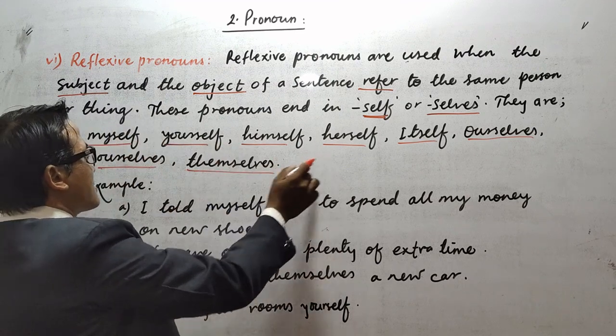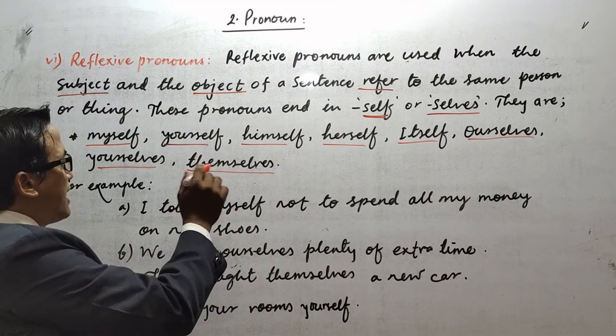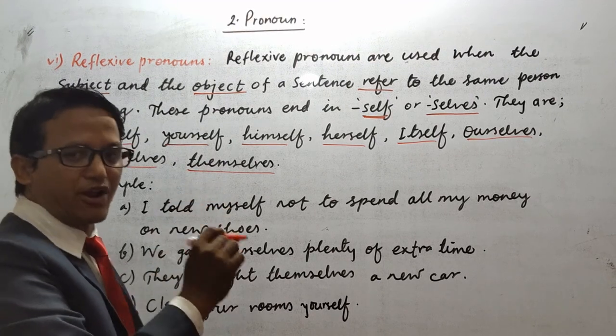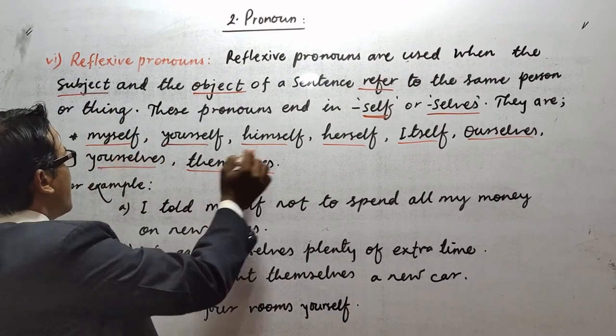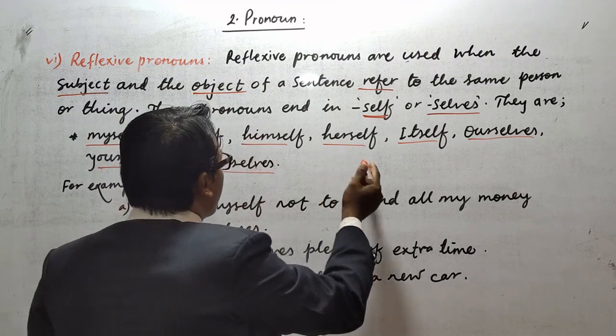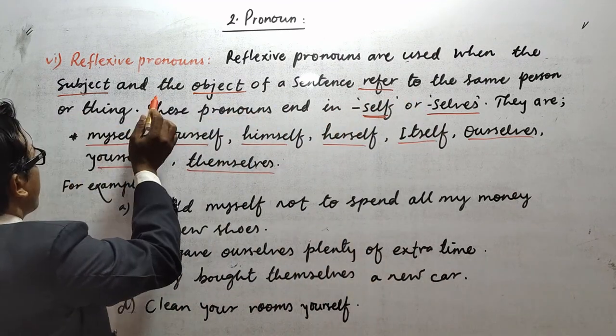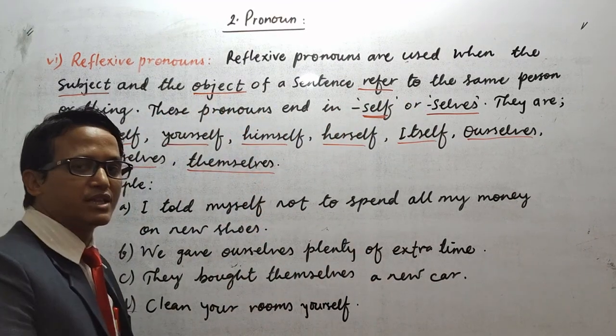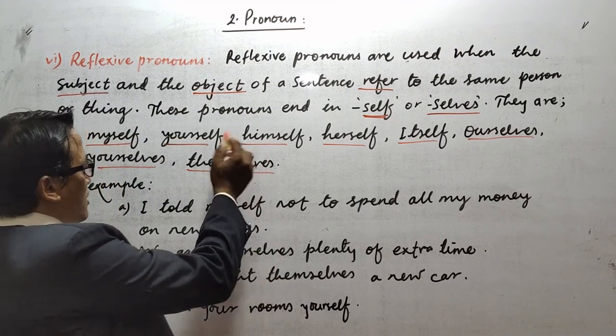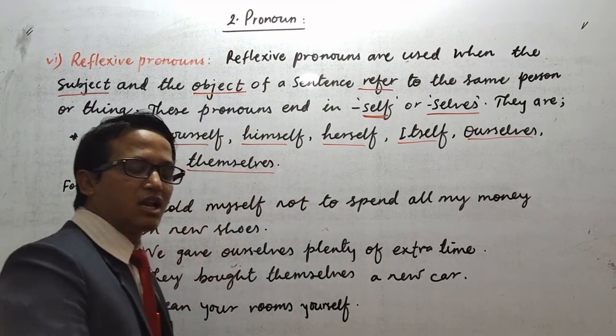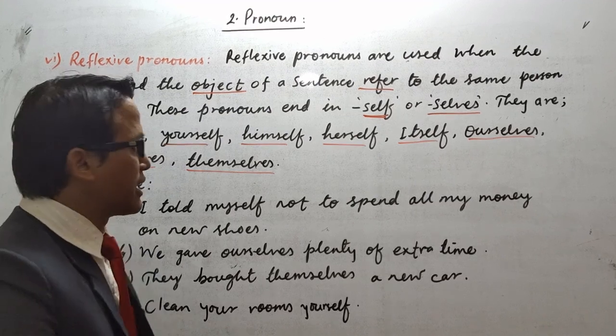So these are self forms. They are also called intensive pronouns. These pronouns are used generally to refer to the same subject or object in the sentence. So they are not essential to the sentence meaning as well.